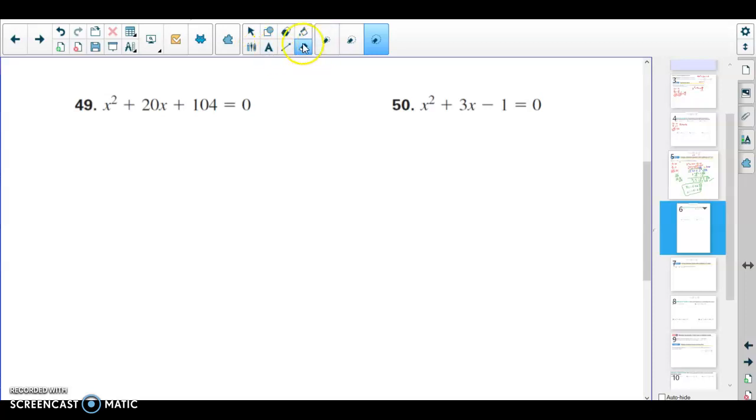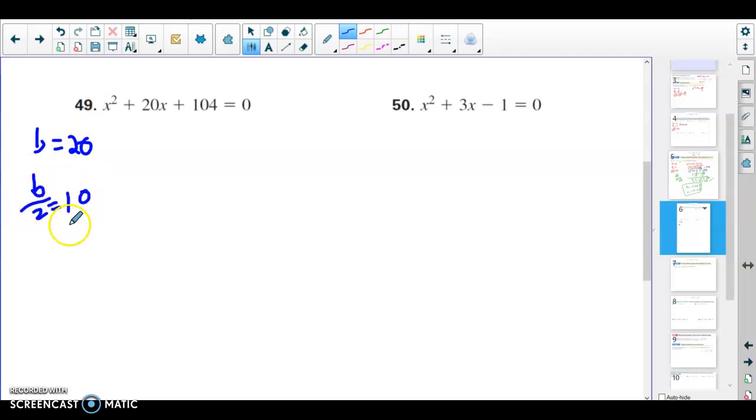All right, so let's go down and look at number 49. So first step we're going to do is write down our values. So we know that b is equal to 20. And b over 2 is half of that. It's 10. And b over 2 squared is equal to 100. All right, so I want 100 there, and I have 104.